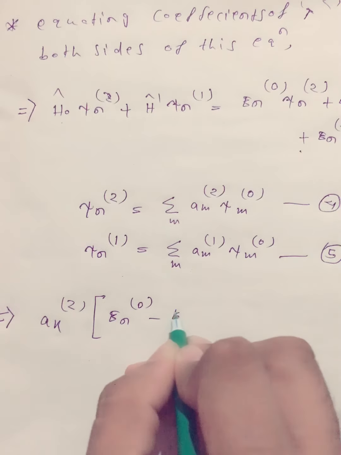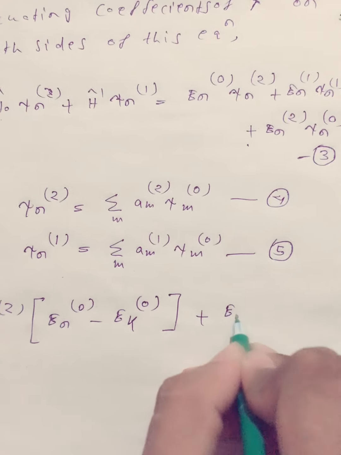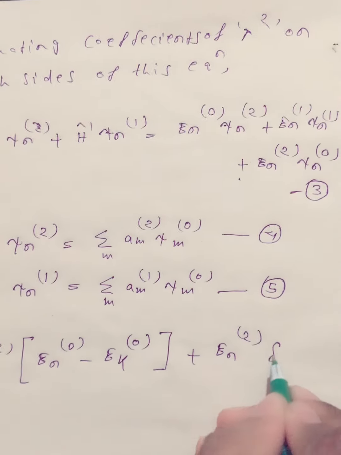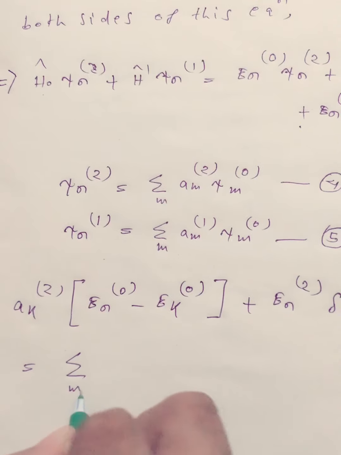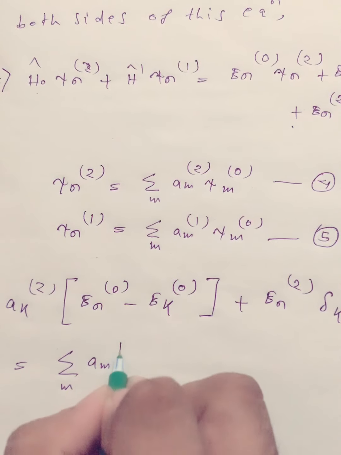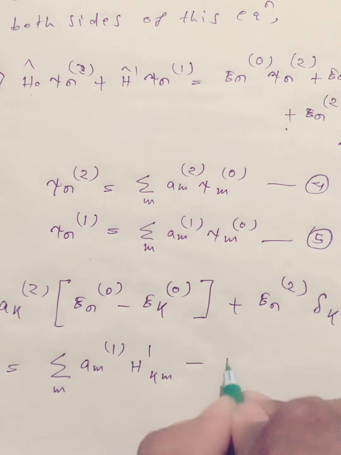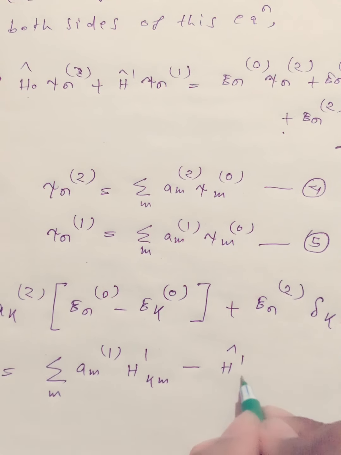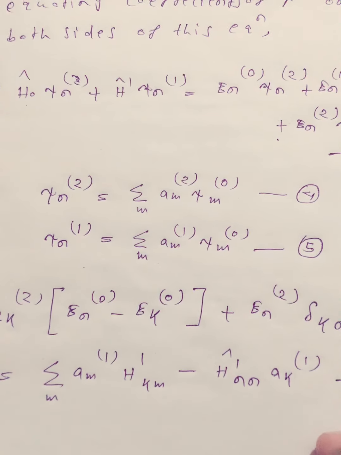ak 2 times En 0 minus Ek 0 plus En 2 delta kn is equal to sigma m am 1 H prime km minus H prime nn ak 1. This is equation number 6.